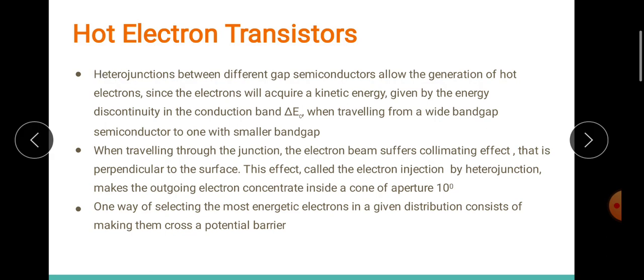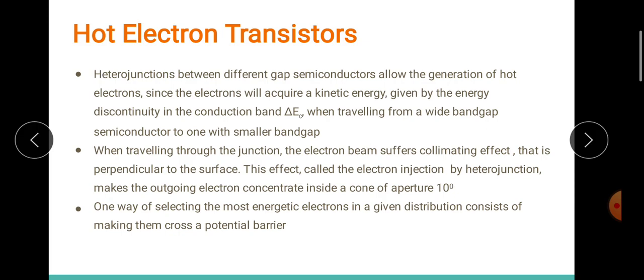Well, so we have this concept of hot electrons, and we know how to create them. Now slowly this started giving the idea of developing transistors based on hot electrons. In fact, it was proposed by scientist Mead in early 1960s.